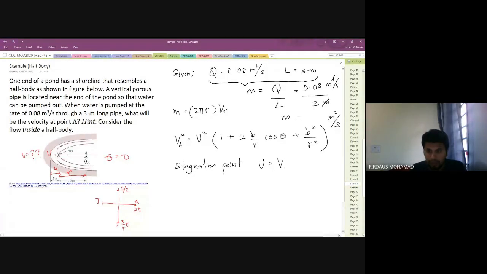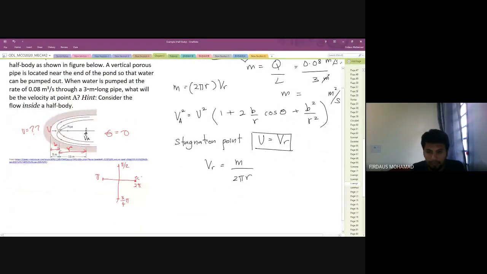From this definition, we know that V_R equal to m over 2 pi r. Now we set it equal to U, and m equal to 2 pi r, where r for the stagnation point is b, so 2 pi b. So m is already defined here.